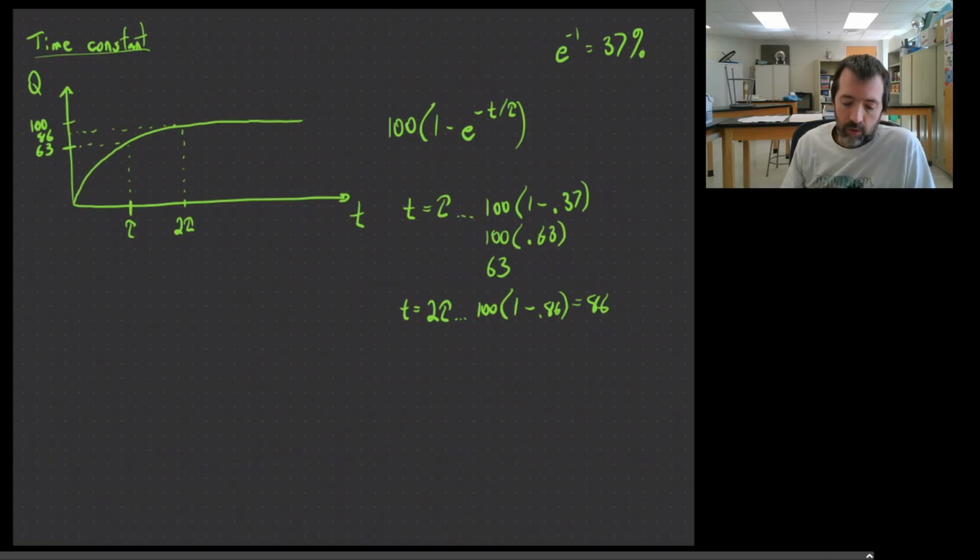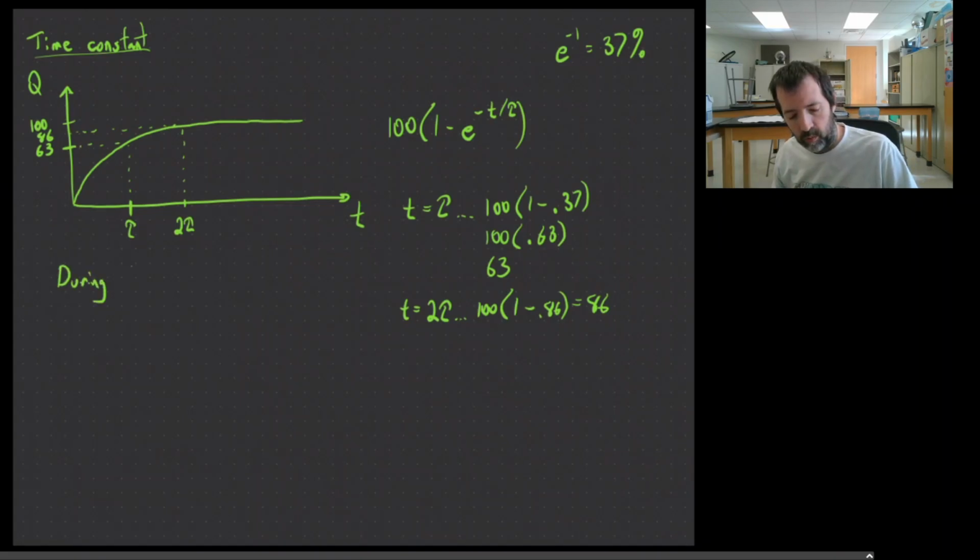So during a single interval of length tau, during 1 tau, you go 63% of the remaining distance.